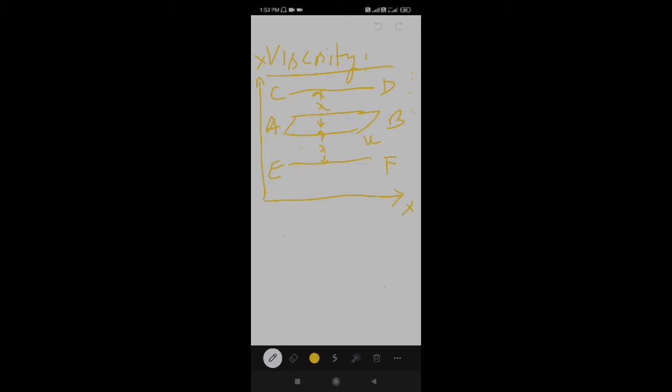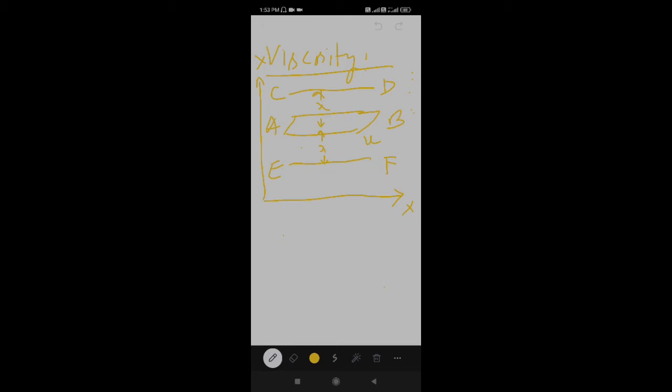Similarly, the velocity of molecules in the CD layer is greater than the velocity of molecules in the AB layer. Why? Because the CD layer is located above the AB layer, so its molecules have high velocity. Since the EF layer is located below the AB layer, its molecules have smaller velocities compared to the molecules in the AB layer.